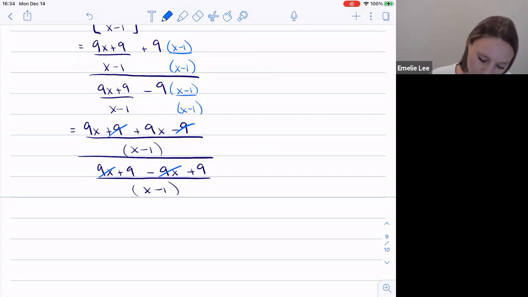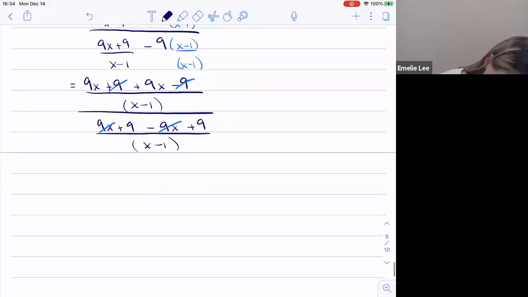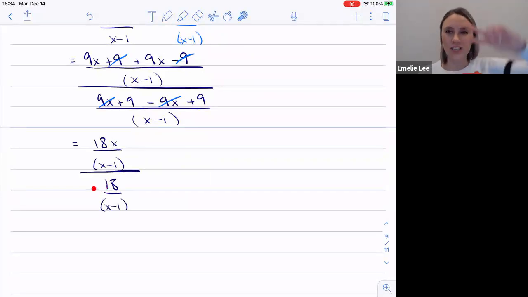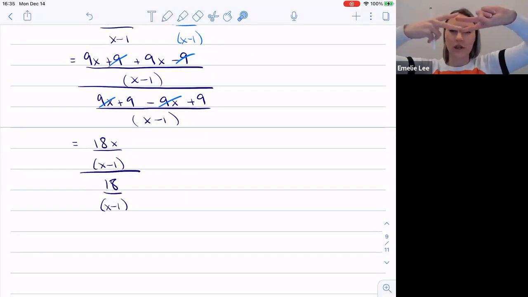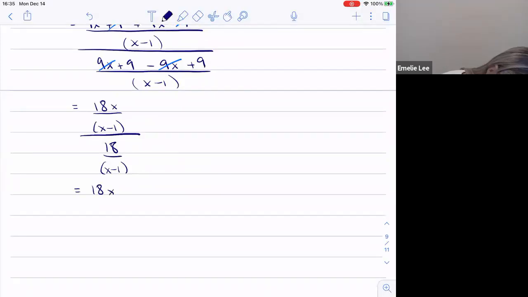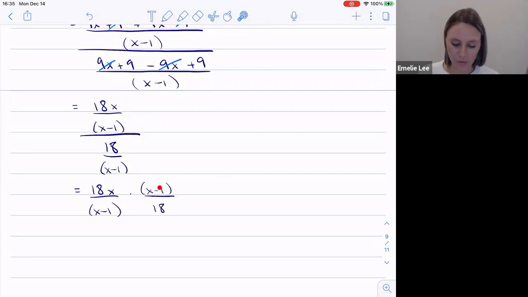So now I can rewrite this as 18x over x minus 1 divided by 18 over x minus 1. Fraction over a fraction, I can flip the denominator and multiply. So I get 18x over x minus 1 times x minus 1 over 18. This is why I put the x minus 1 in brackets, just to remind myself that they're one thing.